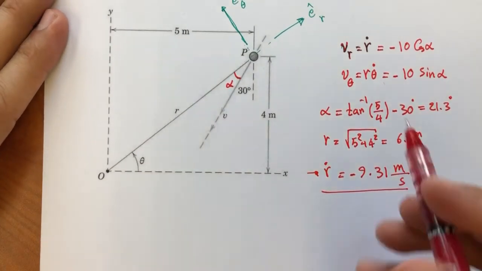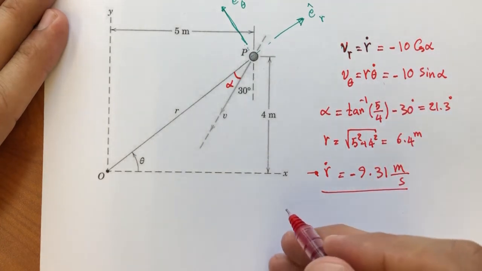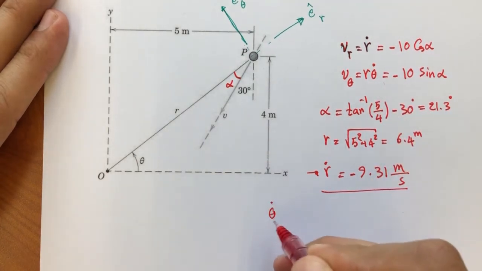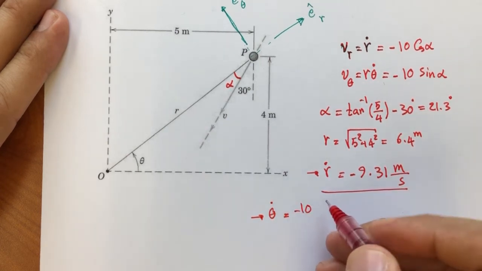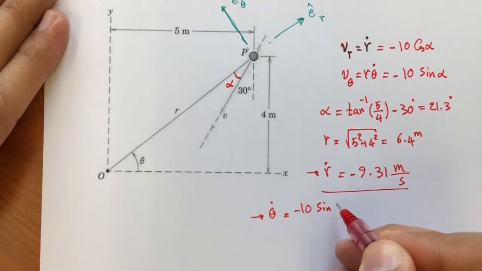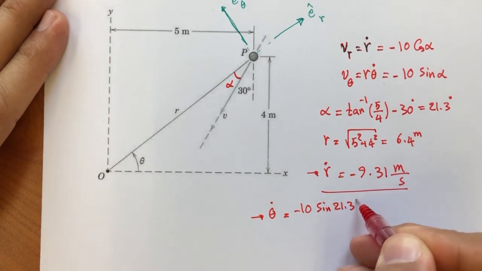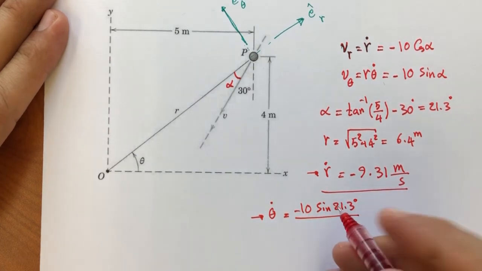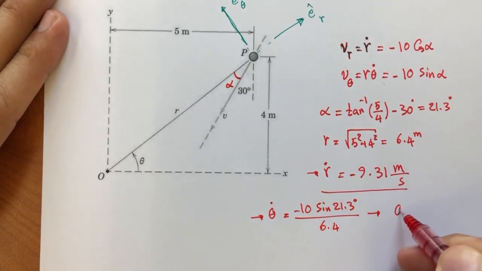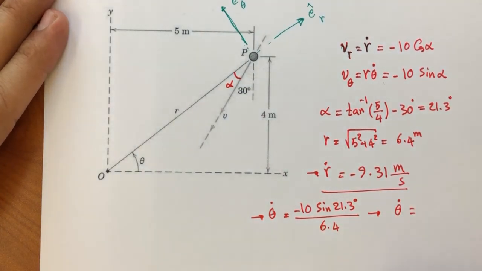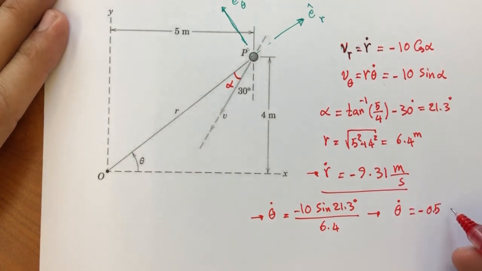And from this equation, theta dot is going to be negative 10 times sine of 21.3 divided by r, which is 6.4. So theta dot is going to be equal to negative 0.568 radians per second.